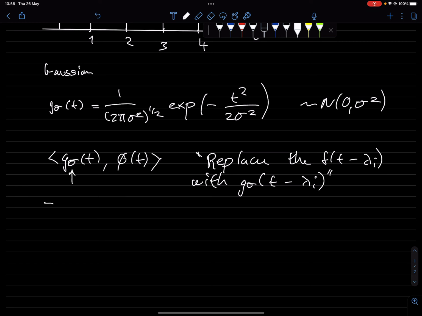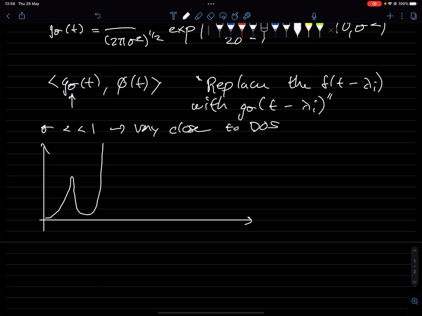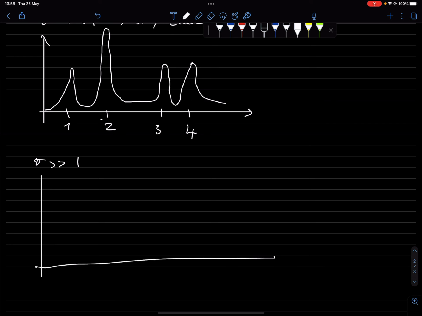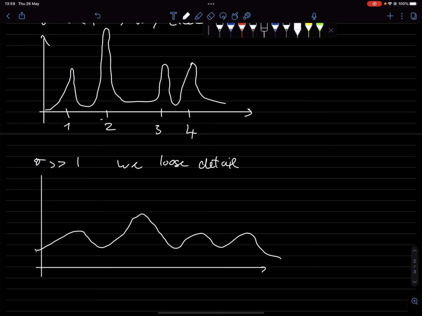So it's going to be something like this for the previous example. This is a rough sketch, but for large sigma, it's going to really blur the density of states. So it's going to look something like this. We're going to have a small peak, maybe a higher peak here. We lose detail, but we do gain smoothness.